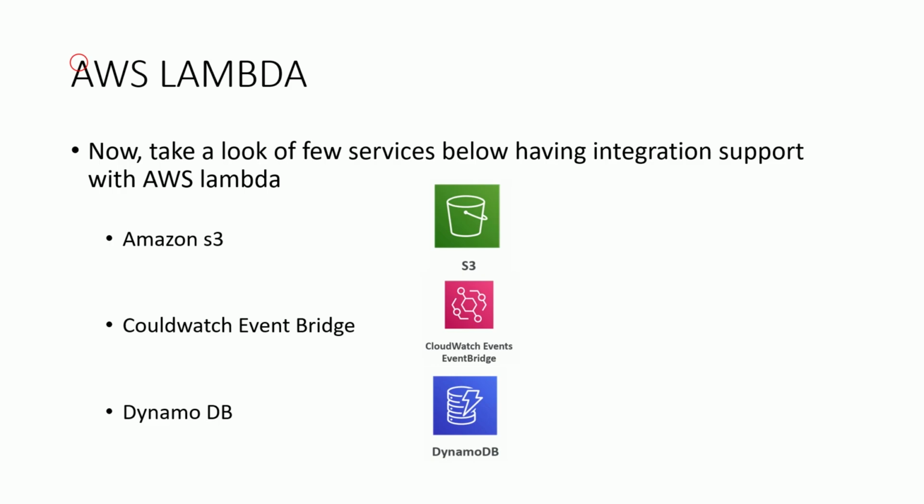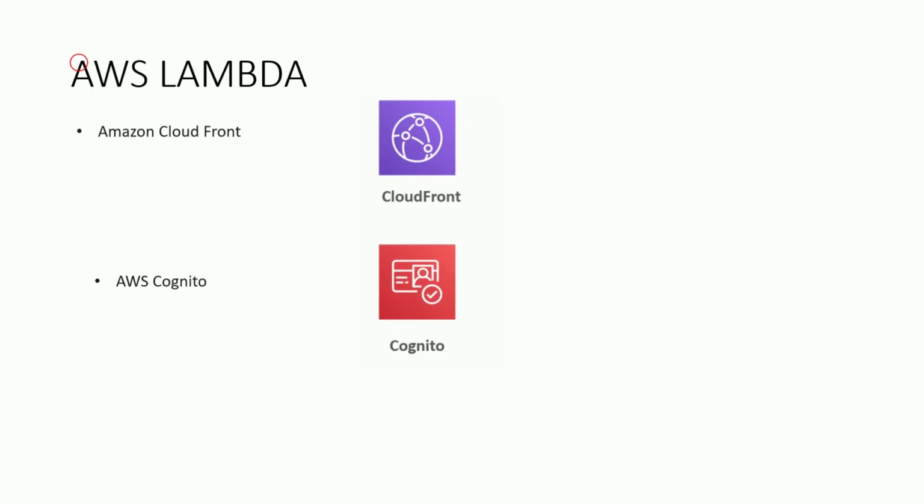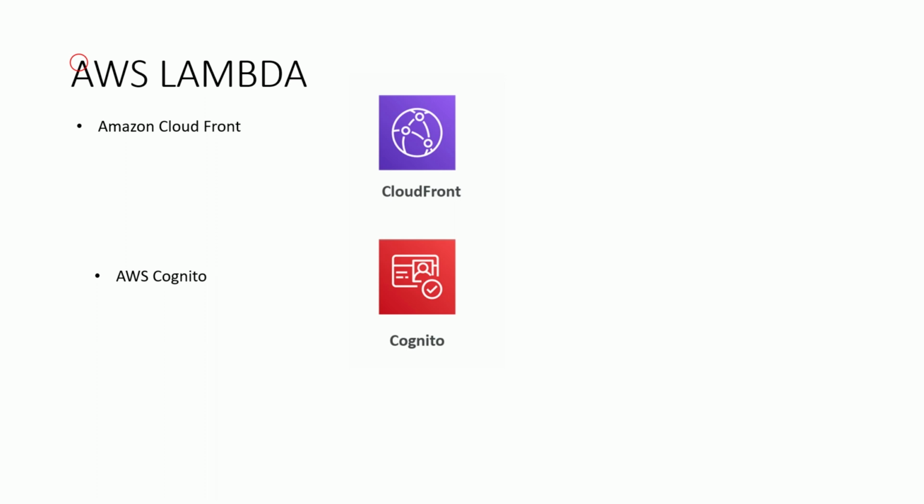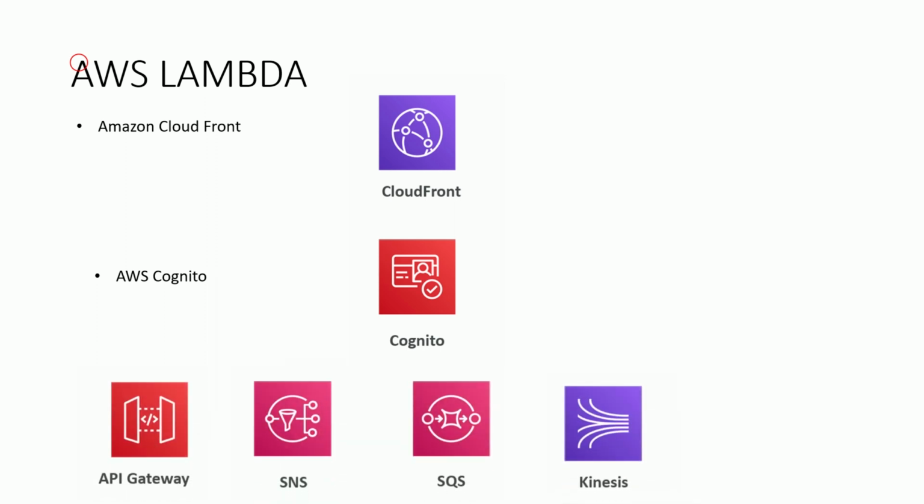And finally, DynamoDB. In DynamoDB, if any record is inserted, modified, or deleted, any event that happens, we can trigger a Lambda function, and the Lambda function will process the custom code. Maybe we can notify the team that someone changed the database. Similarly, we have other services like AWS CloudFront, AWS Cognito, AWS API Gateway, SNS, SQS, Kinesis.